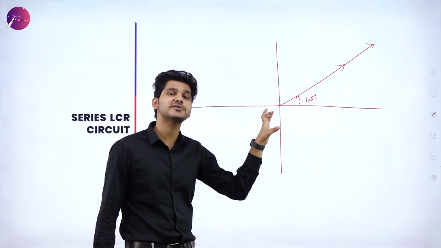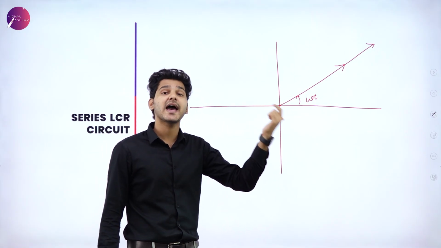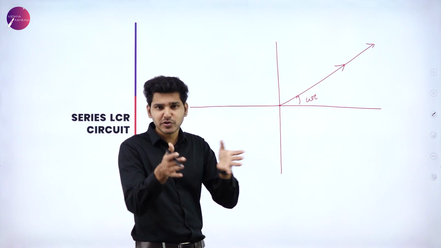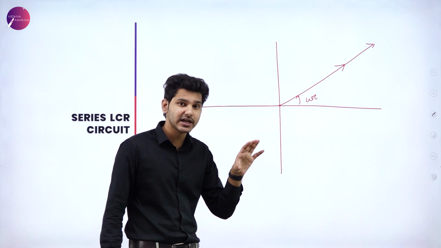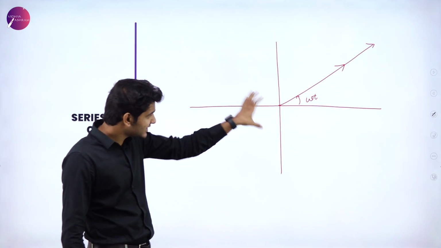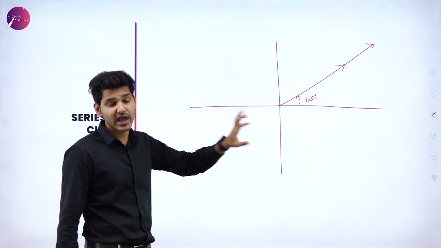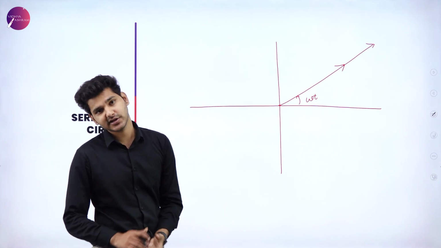Now it is not just a purely resistive circuit here. It is a capacitor and an inductor that are put together in series, which means I am going to draw the phasor diagrams of the capacitor and the inductor onto this very same diagram, and we'll make some modifications so that we get a new phasor diagram.